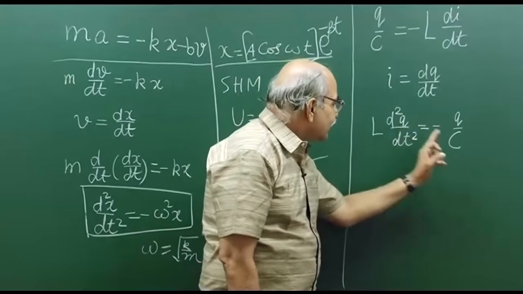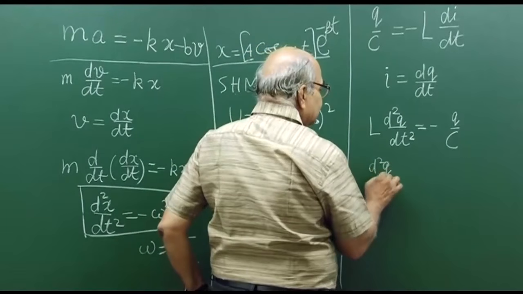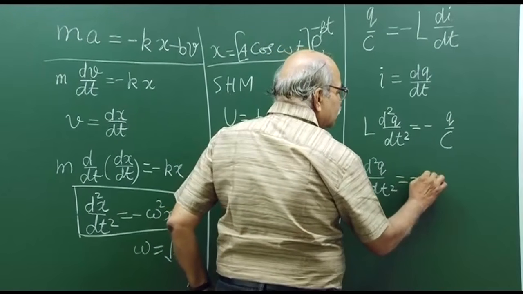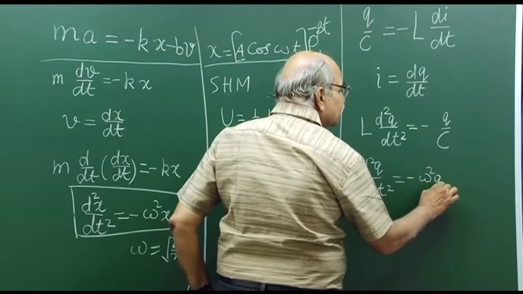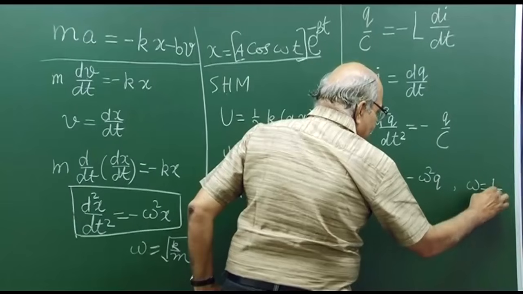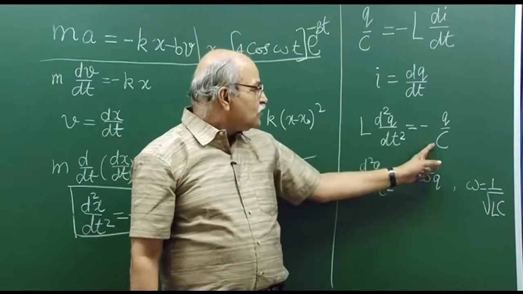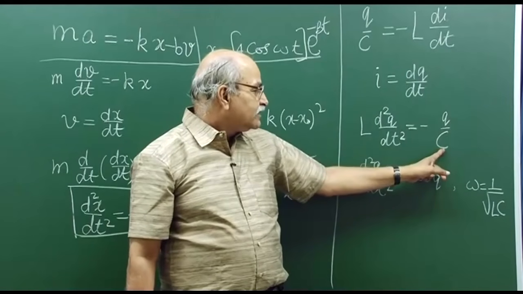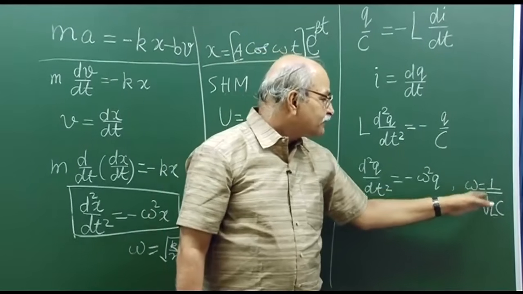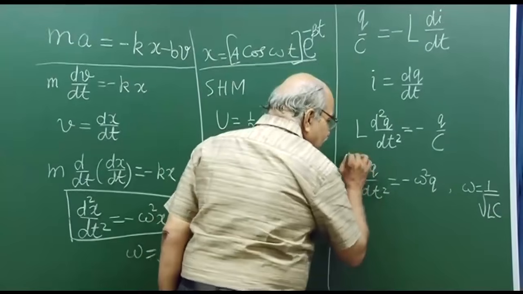If I take this L to the other side, I have d2q dt square equal to minus omega square q, where omega is 1 by square root of LC. This L goes here, so 1 by LC I write as omega square, so omega is 1 by square root of LC.